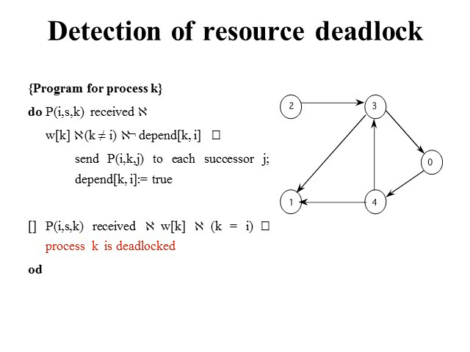Let's say a process K is executing this program. There are two guard statements associated with the program.